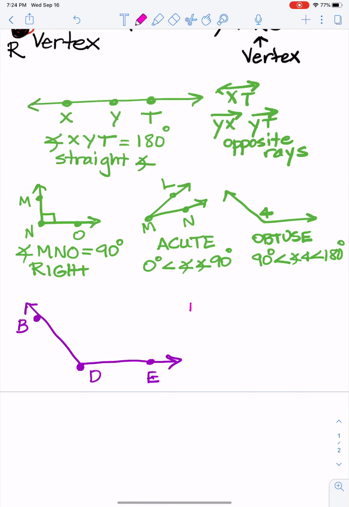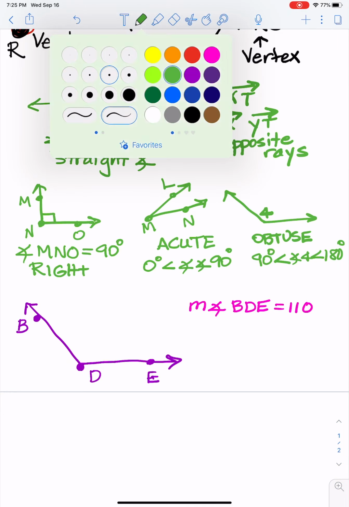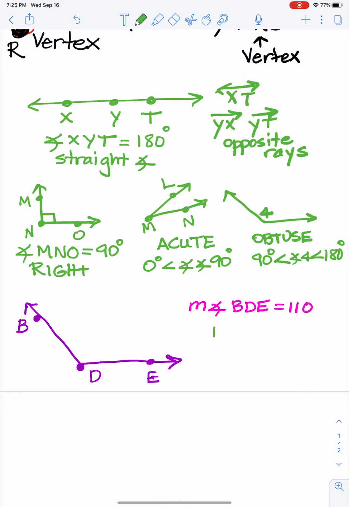So let's say the measure of the angle BDE is 110 degrees. Now, if I use this small m to describe the angle, that reads measure of the angle, and then I don't have to put the degree bubble behind the 110. Inside this, I'm going to put a ray that's called DX, and I'm going to make this a bisector.